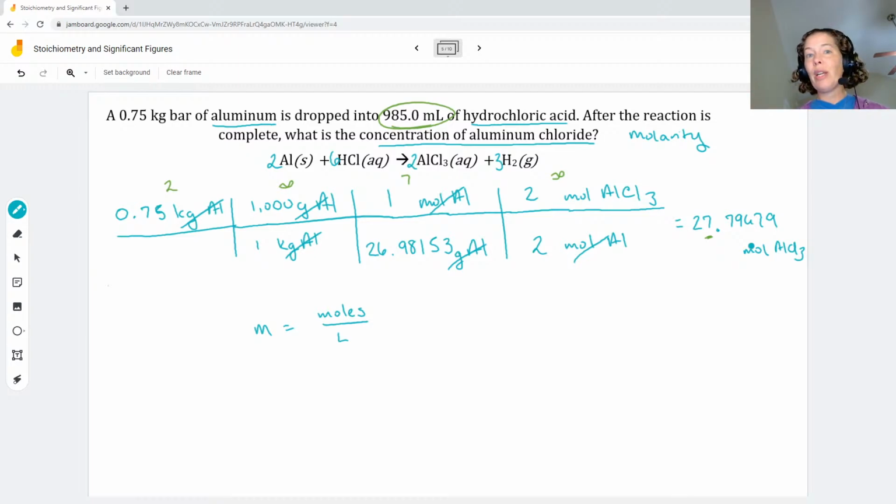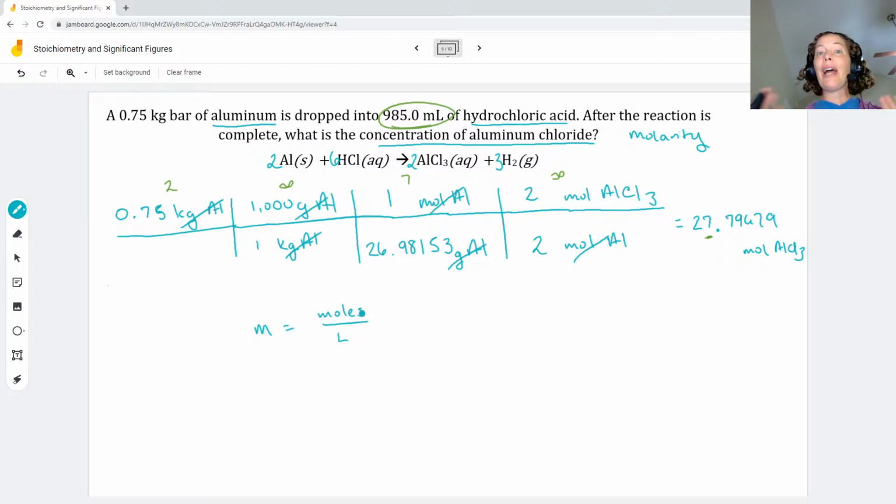Now in this case, we're doing a reaction. So the only source of real volume that we have, because we can assume that the bar has reacted, and so we don't have to mess with that, is our 985 milliliters, and that came from the hydrochloric acid. But of course, this is in milliliters, and we need liters.